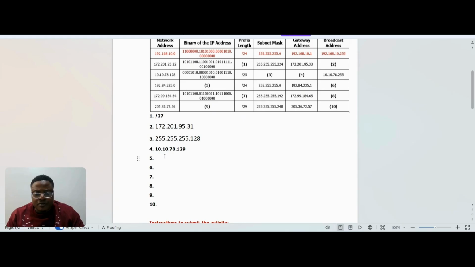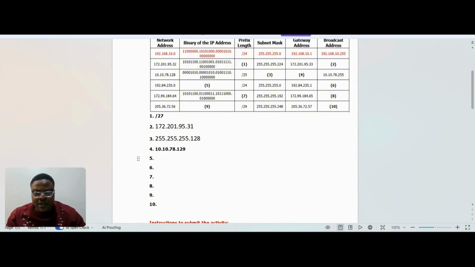Then my answer to number five: converting the IP address from decimal to binary.